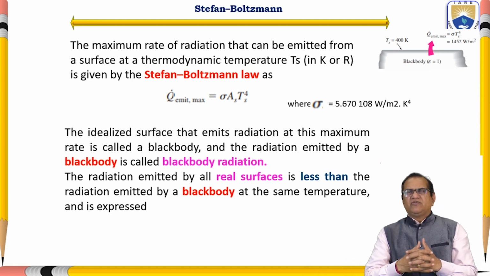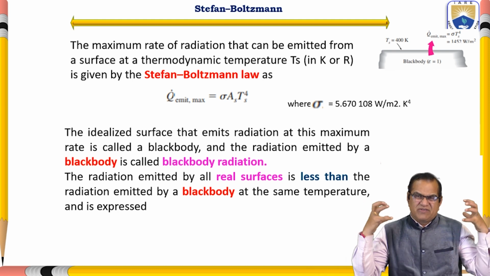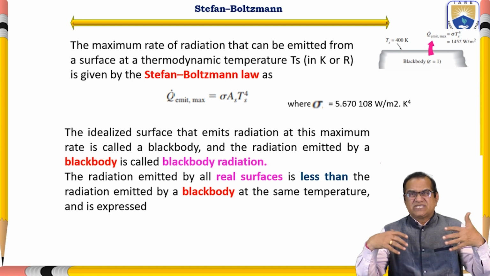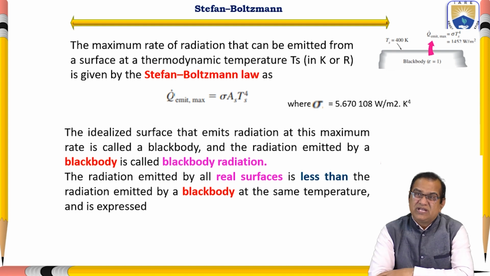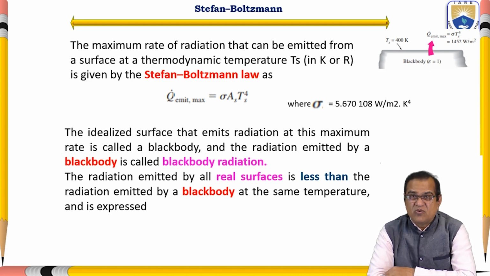Any body which can absorb heat, and if it emits in proportion to sigma As Ts to the power 4, is called a black body, and the radiation is called black body radiation.